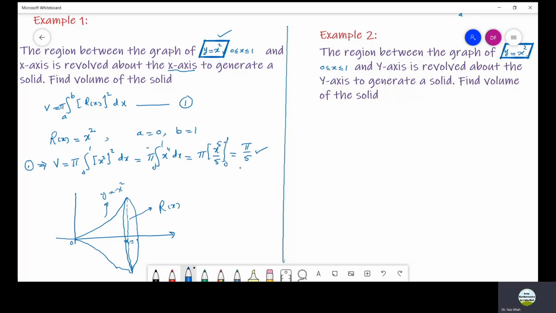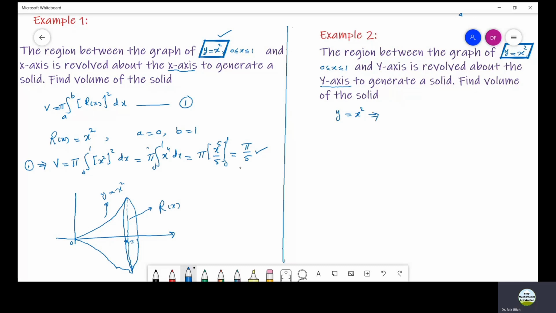Now look at example number 2. Again we are given the same function y is equal to x square, but we rotate it about the y-axis, and the limits are also same, which are from 0 to 1. So we need to find volume of the solid. Now from this function we need a function of y instead of x.